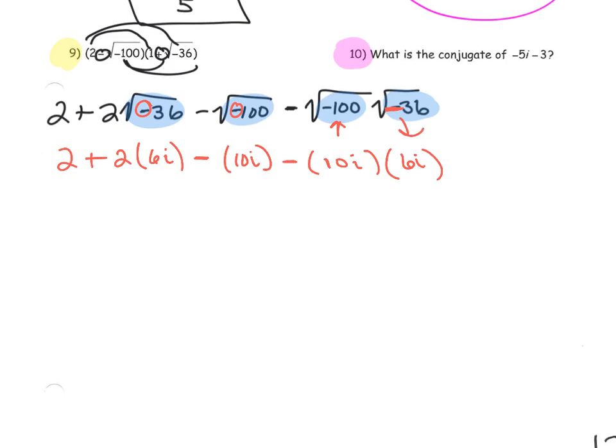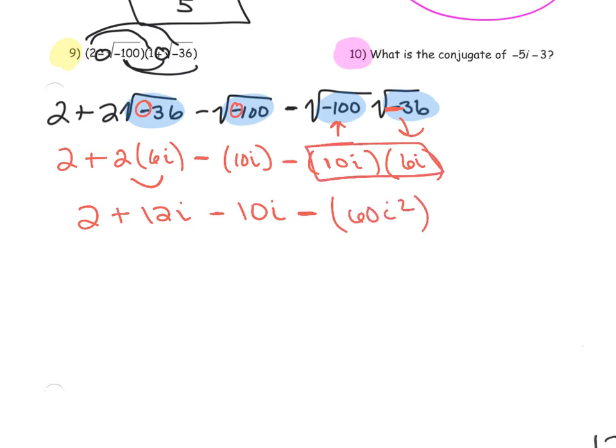Okay, and now we're just going to start to simplify. I have 2 plus 2 times 6i, so let's multiply here, following PEMDAS, so that's 12i minus 10i, and then this is minus, well, let's multiply these. 10 times 6 is 60i squared. All right, let's keep going.